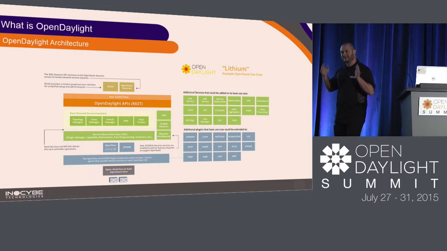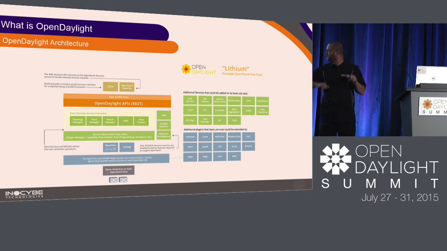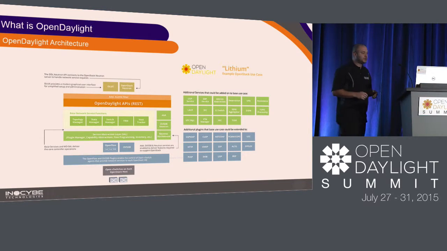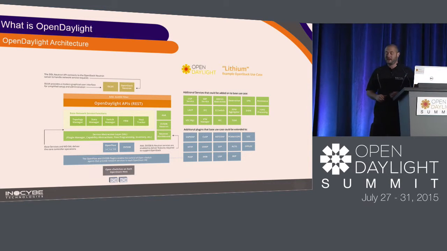In other words, if you go to the Lisp project, I'll take that as an example, you will get the Lisp view of the world. And so it will be about overlays, it will be about termination. And so right now, that is the reality. These projects are still very siloed.